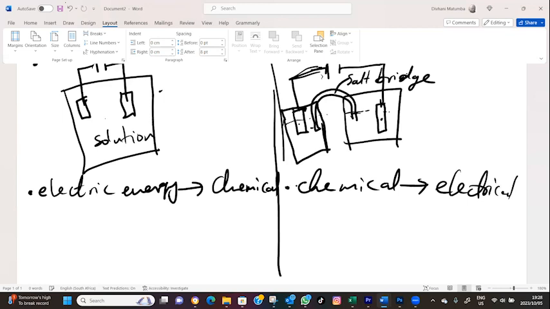The second point: no salt bridge here, and there's a salt bridge here.